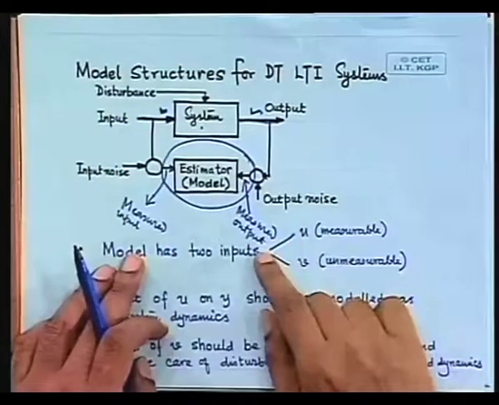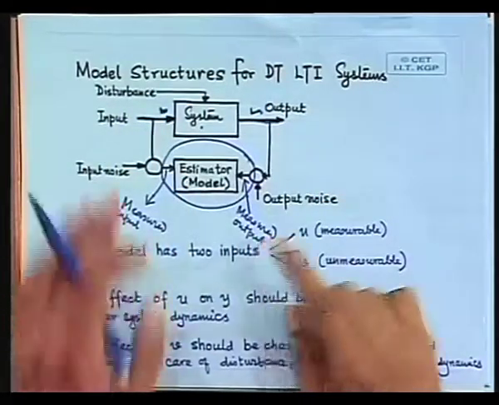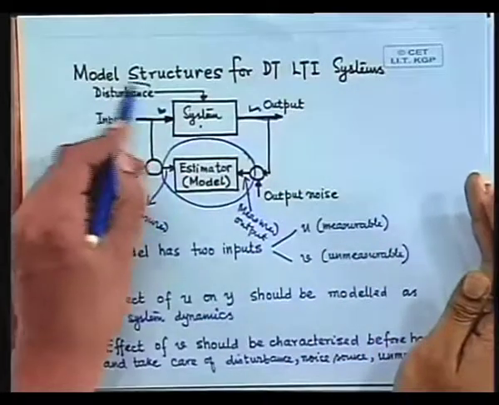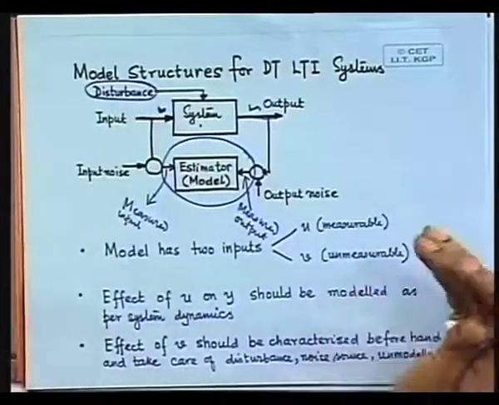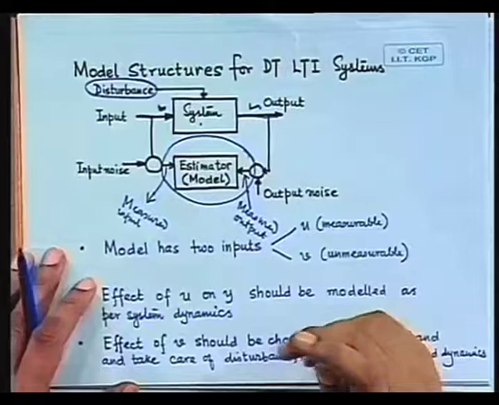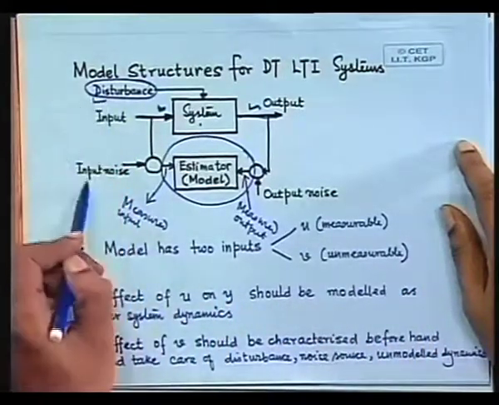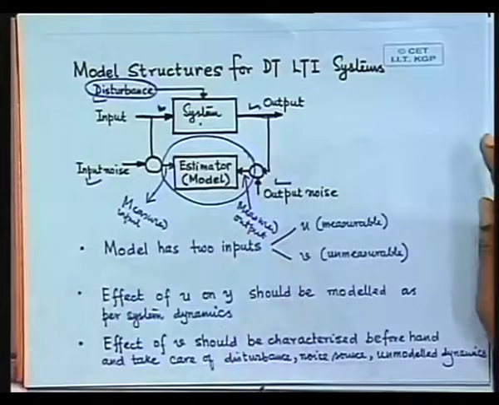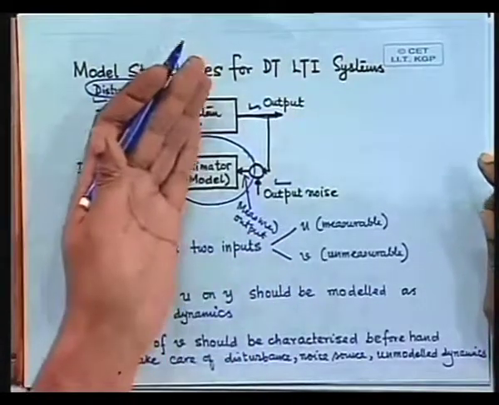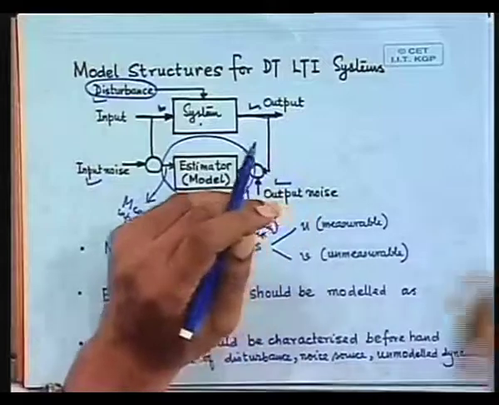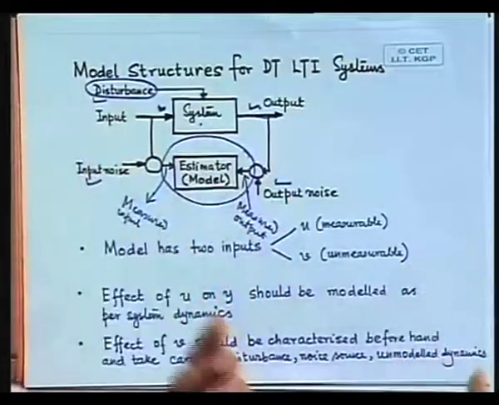Okay. So several other factors are coming, apart from the fact that the plant itself may have disturbance which you have not modeled. So in general, all these effects, this disturbance, this noise, any dynamics which you have ignored, all such things you are going to lump together.